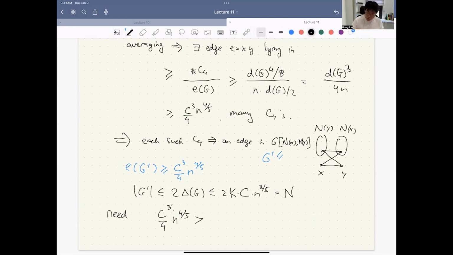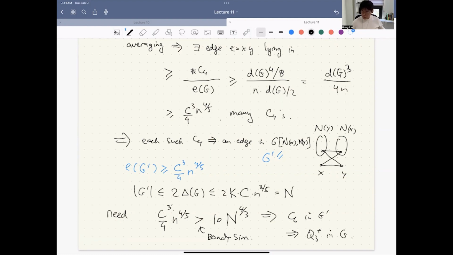By the bounded Schumann wedge, you need it to be this guy times some constant. I think 10 is enough. I don't remember the constant, but 10 is enough. So this is bounded Schumann wedge. If this is true, then we get a C6 in G prime, which is the same as Q3 plus in G, and we are done.